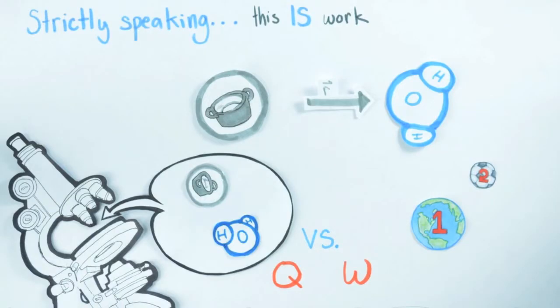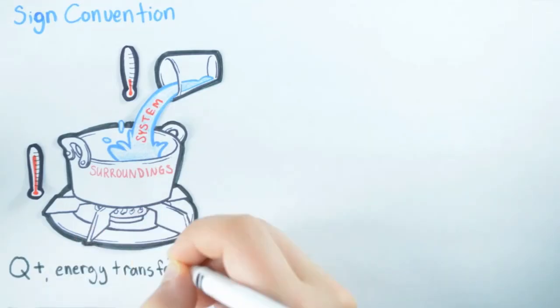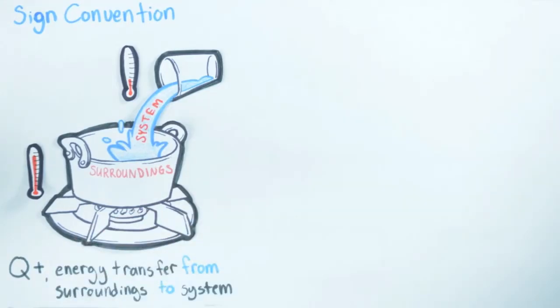Before we do an example involving the transfer of energy by temperature differences, we need to say something about the sign convention for Q. When the surroundings are at a higher temperature than the system, like the water pan example we just discussed, then we have Q positive corresponding to energy transfer into the system.